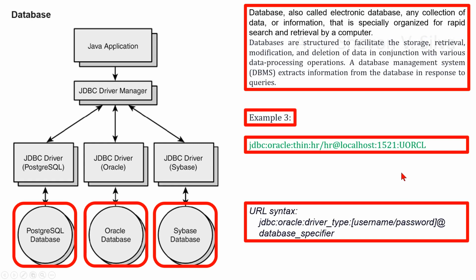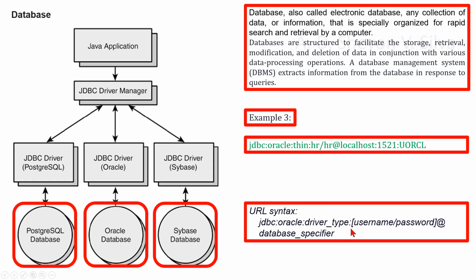As example 3, we can consider this URL to connect to an Oracle database. You can see the syntax here. The first part of the URL specifies which JDBC driver is to be used. The supported driver type values for client-side applications are thin and OCI.